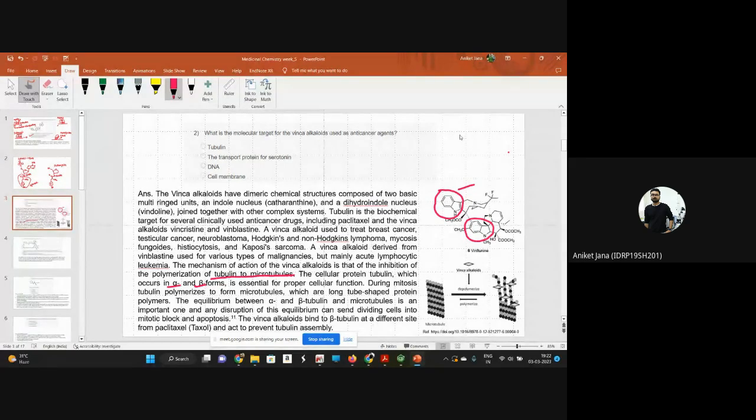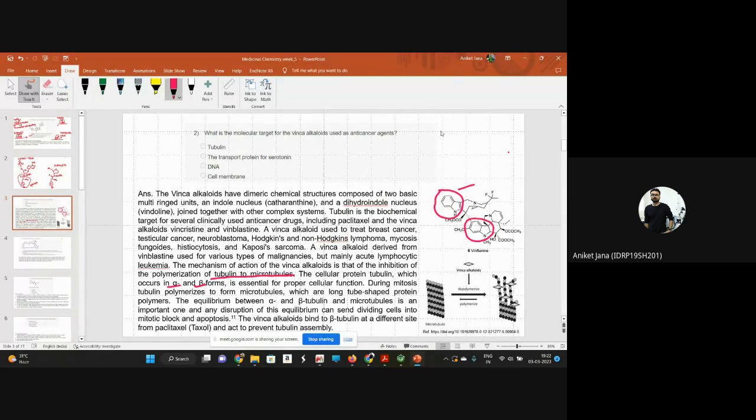Okay, so what happens in cancer? What are the characteristics of a cancer cell? The first, very well-known characteristic. How do we recognize a cancer cell?